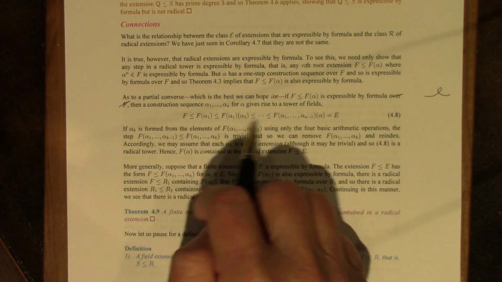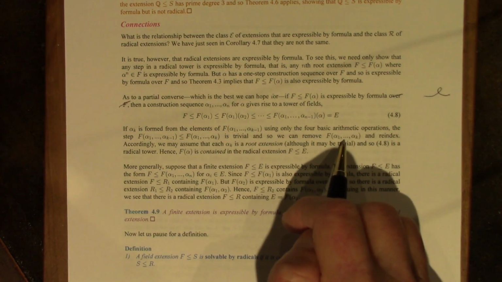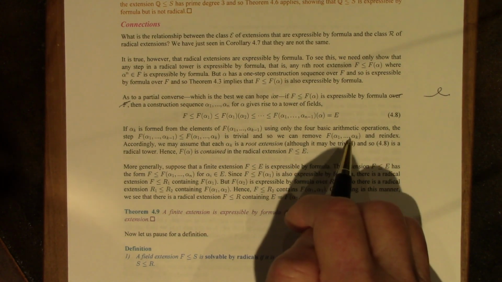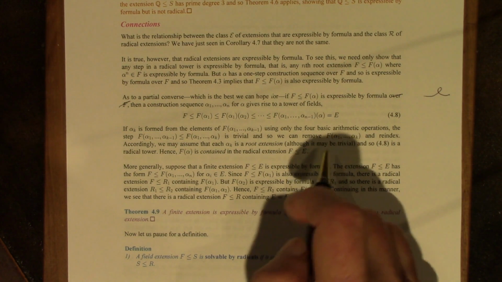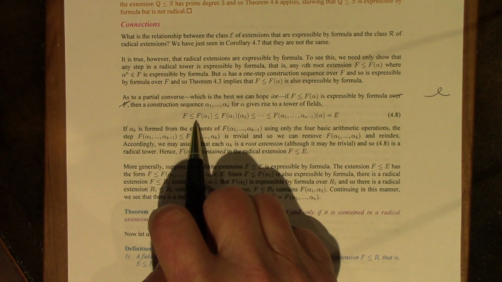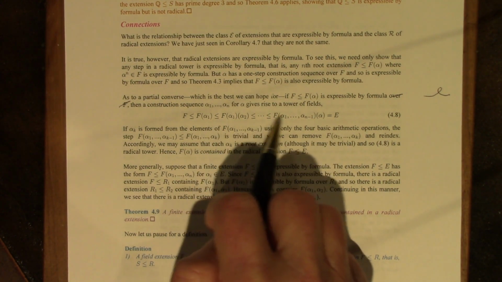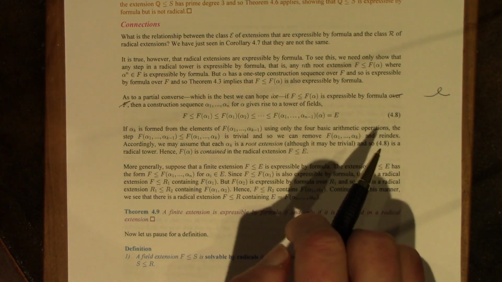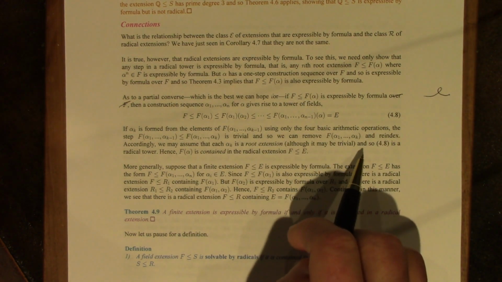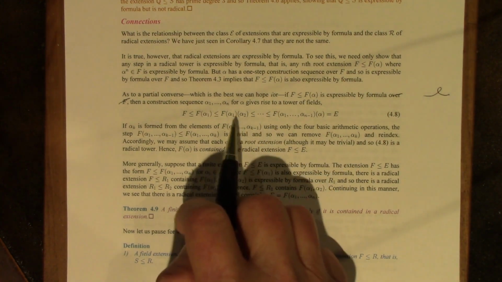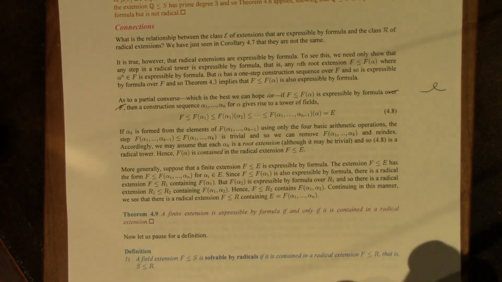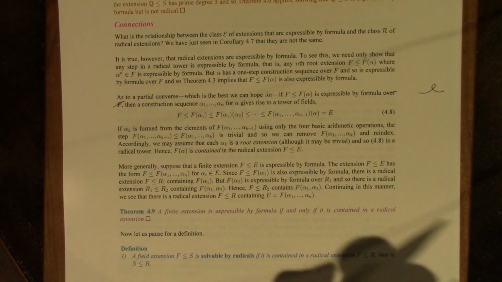So we can remove any of these trivial steps and re-index, and assume then that every step here is the taking of some root. It's not the application of the arithmetic operations. The only thing left is taking a root. In other words, each step is a root extension, although it still may be trivial.